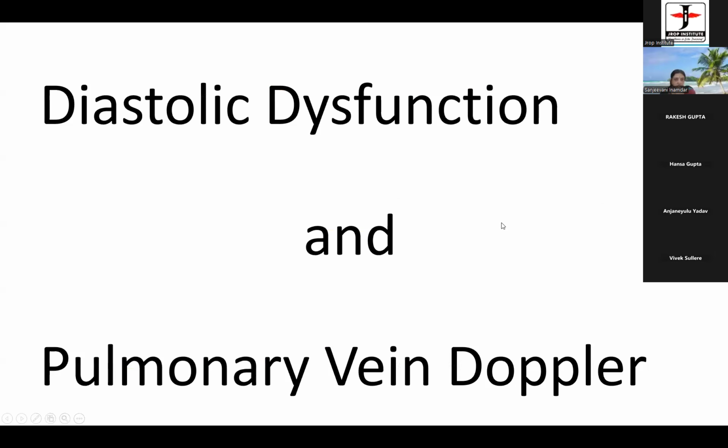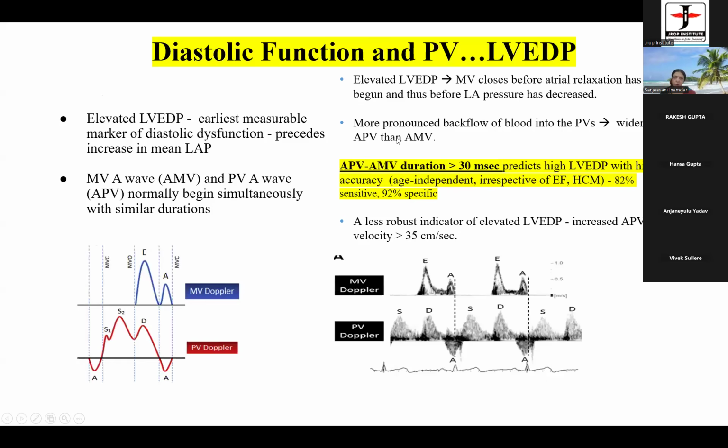So now we'll start with diastolic dysfunction and pulmonary vein Doppler, very important topic. Elevated LVEDP is the earliest measurable marker of diastolic dysfunction, and it precedes increase in mean LAP.